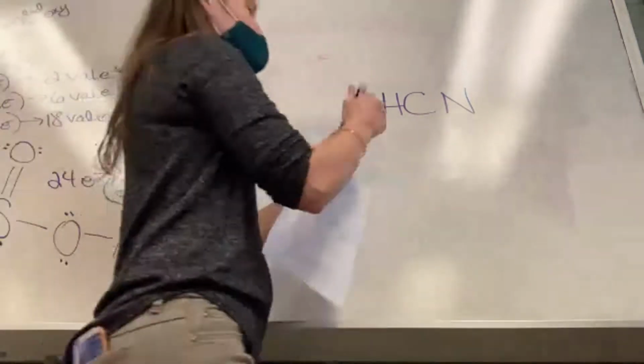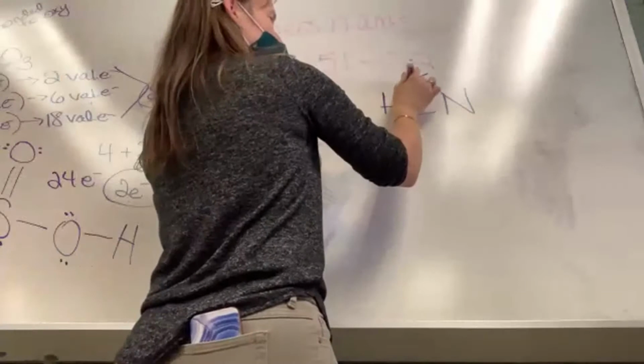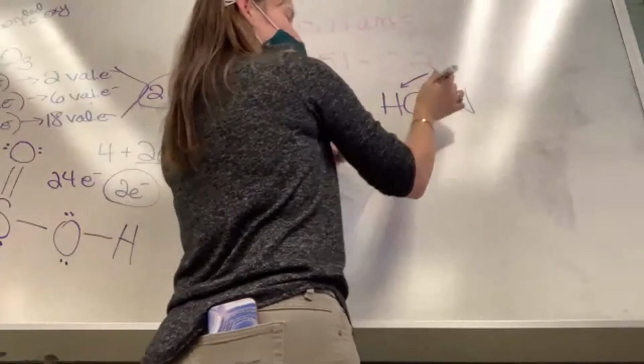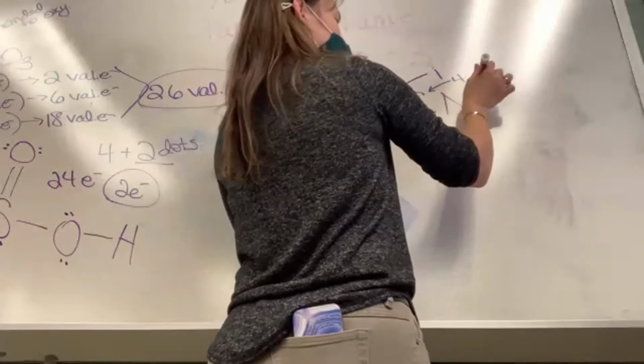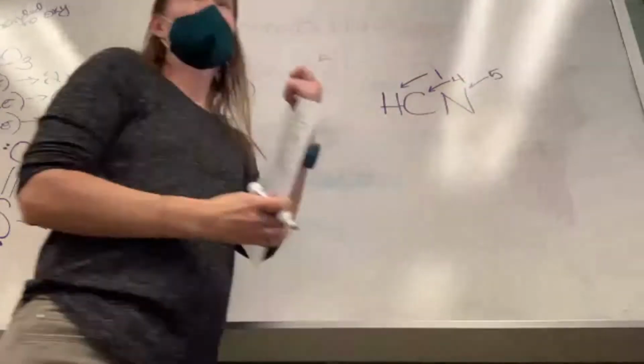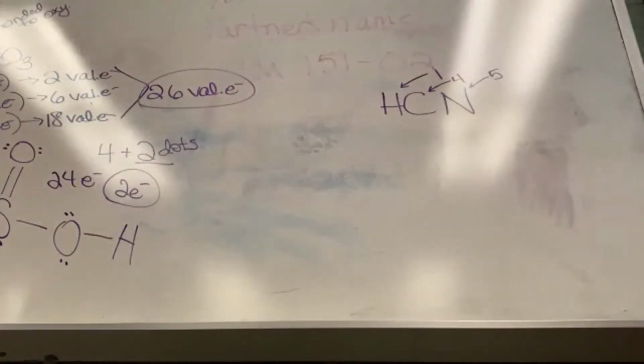Okay, so the first thing you'll do is determine how many electrons total you have. Okay, hydrogen, how many are on hydrogen? 1. And carbon, 4. And nitrogen, 5. What is 1 plus 4 plus 5? 10.